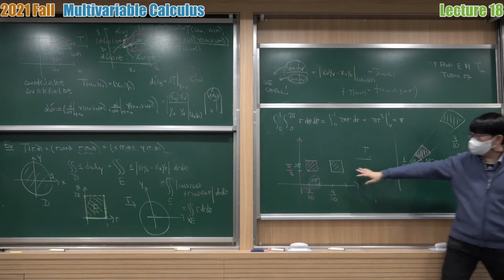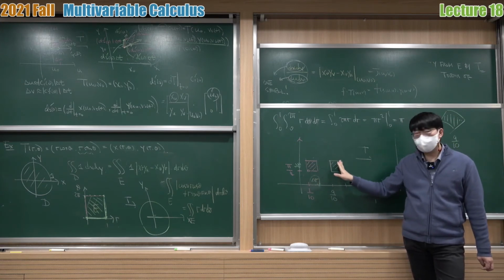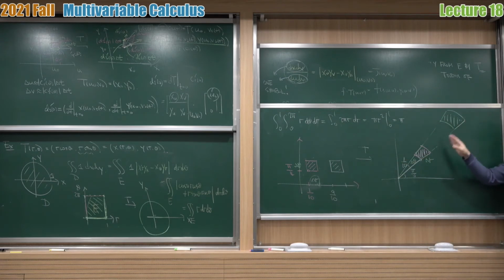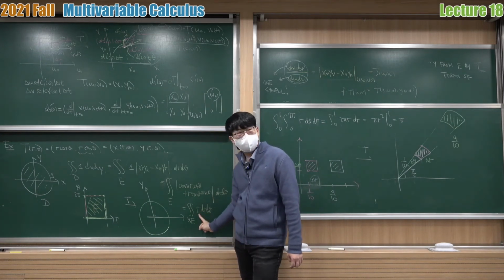So in the r theta plane, the area of the rectangular box is the same, but the corresponding area on the xy plane is different. It totally depends on where you compare the domain and the codomain. Then this Jacobian says that it only depends on r. Okay.